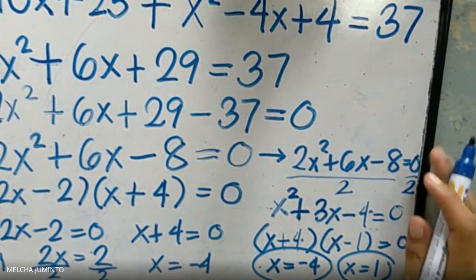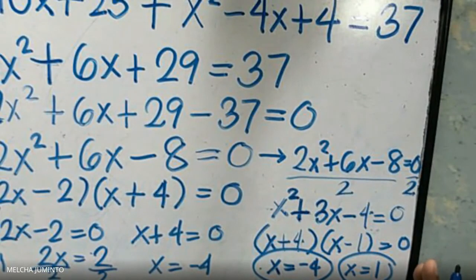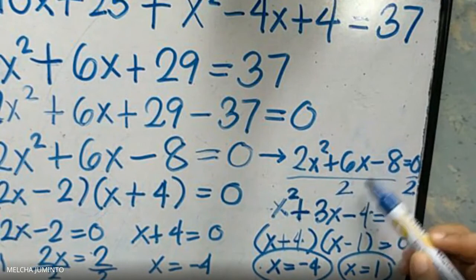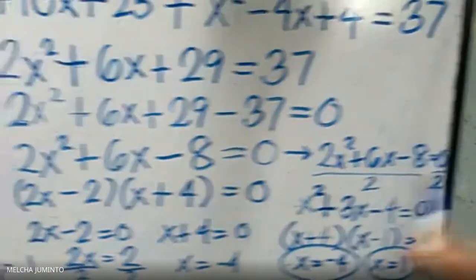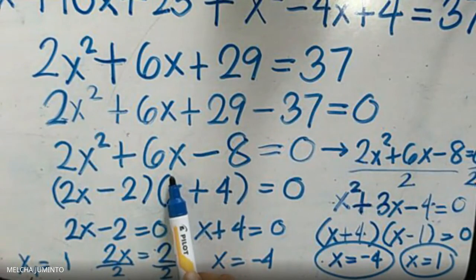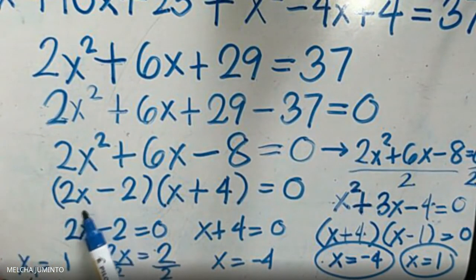The only difference of this solution, the one that I have written here, is that we divide the quadratic equation by 2 first, in order to simplify it. Unlike here, we did not divide the equation by 2. We immediately factor it using 2x minus 2 and x plus 4. You may choose between these two solutions. Both of them are correct.